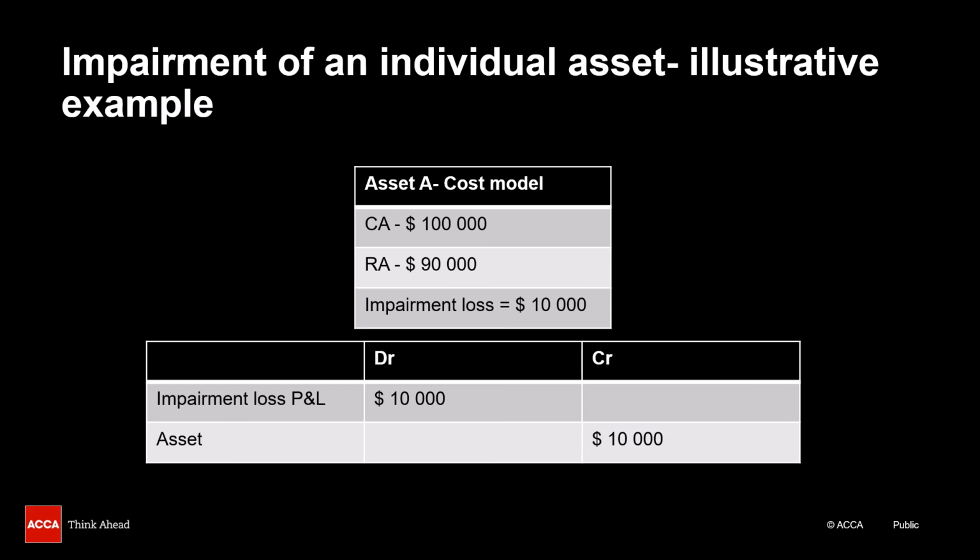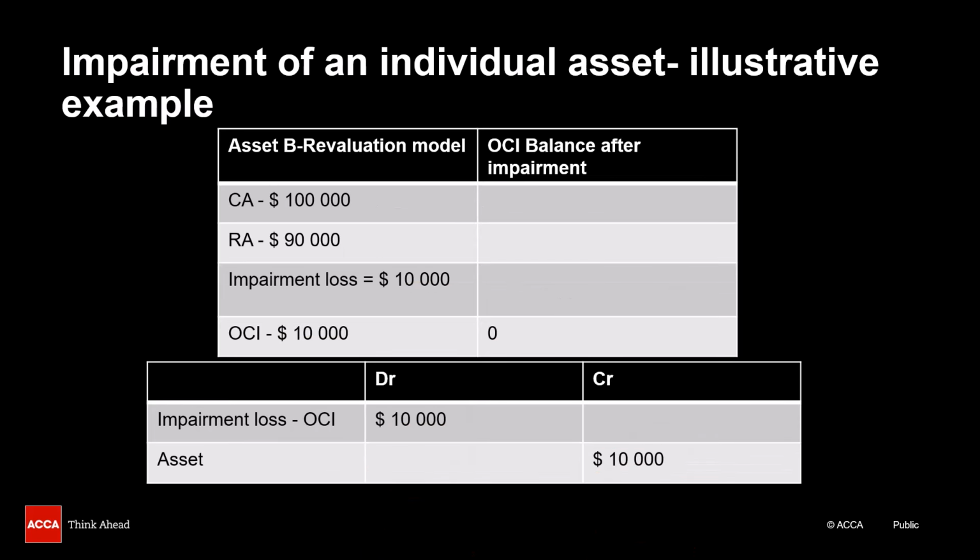So since asset A has no revaluation reserve, the entire impairment loss of $10,000 will be recognized as an expense in profit and loss, and the value of the asset will be reduced by the impairment loss amount. For asset B, since the asset has a related revaluation reserve, the impairment loss of $10,000 will first need to decrease the revaluation reserve prior to an expense being recognized in profit and loss.